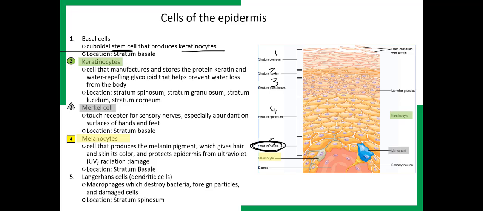The next type of cell are the keratinocytes, and these are the most common cells of the epidermis. You can see here, these are all keratinocytes, right? And so they're found in the other 4 layers of the epidermis.